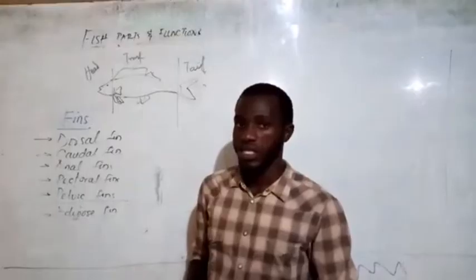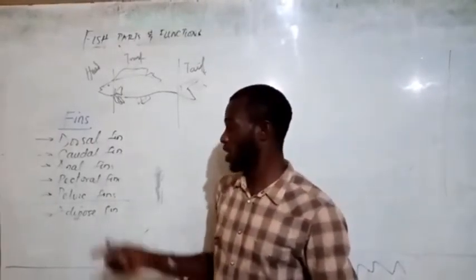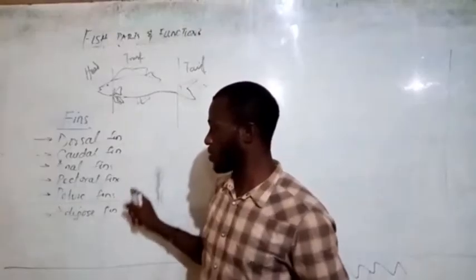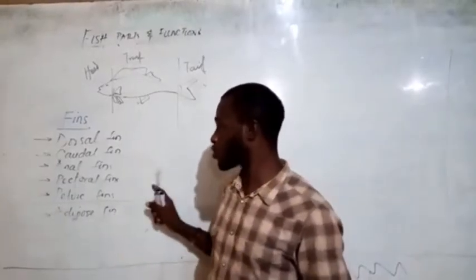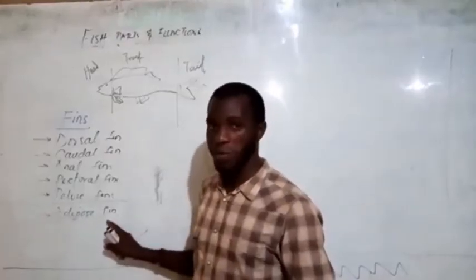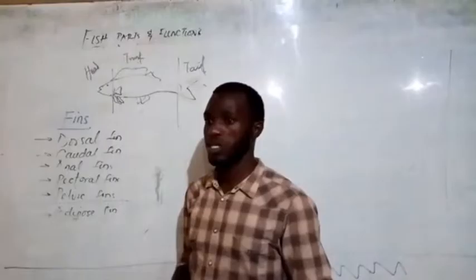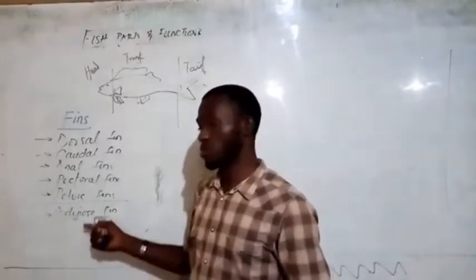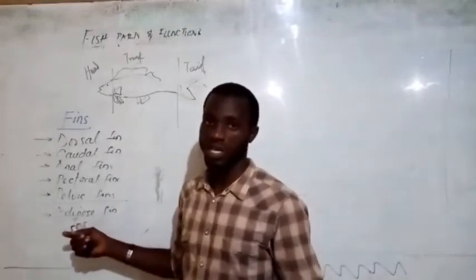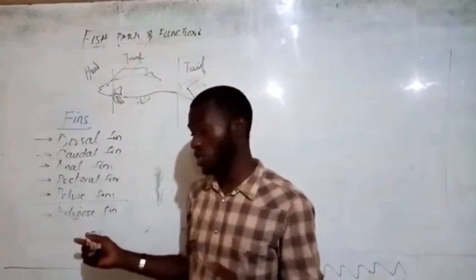Now, they also have specific functions. Generally, all of these fins are used for locomotion, except the adipose fin, which is only a fatty fin and is basically found in trouts, catfishes, such as heterobranchus. Not all catfishes.